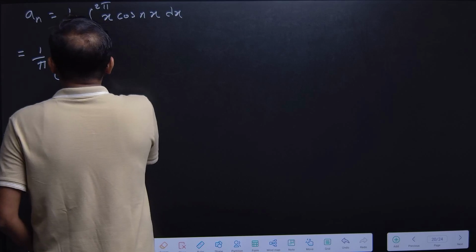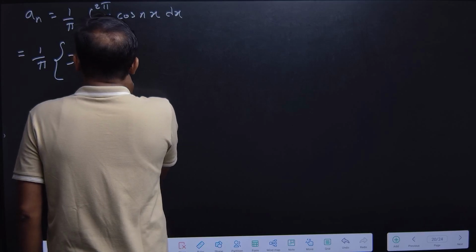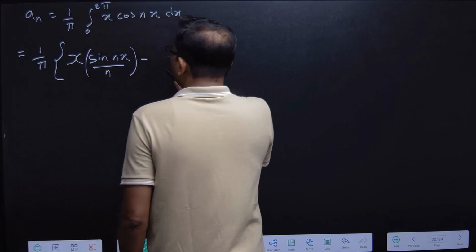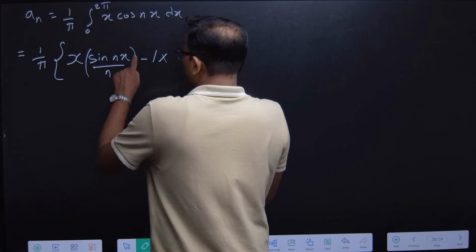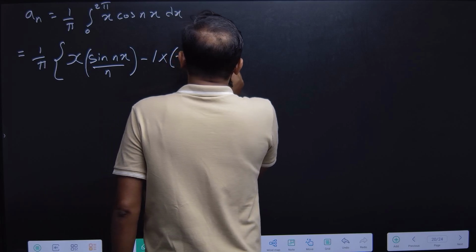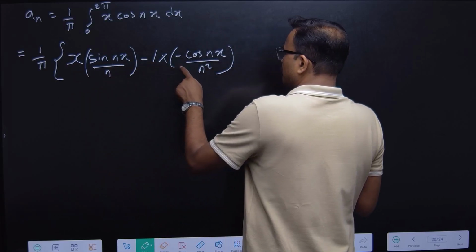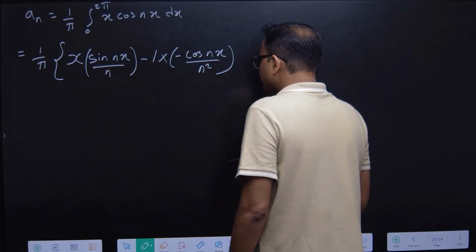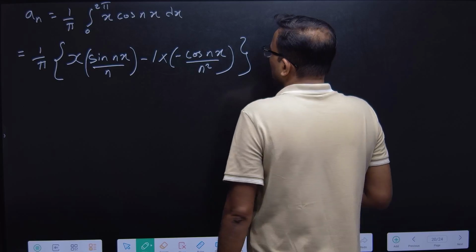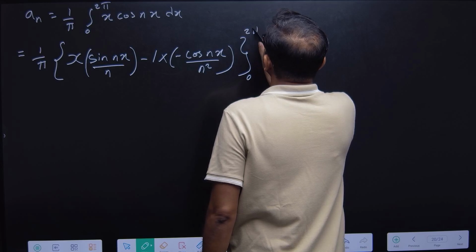First we write u, that is x, into v1. v1 is sine nx upon n, minus u dash, derivative of x is 1, into v2. v2 is the integration of v1, which we have already found out as minus cos nx upon n square. So see, it is u into v1 minus u dash into v2 plus u double dash into v3. Sorry, we know that u double dash is 0, so the next terms will not come there. And this is within the limit 0 to 2 pi.